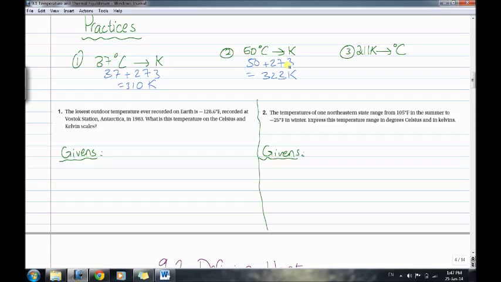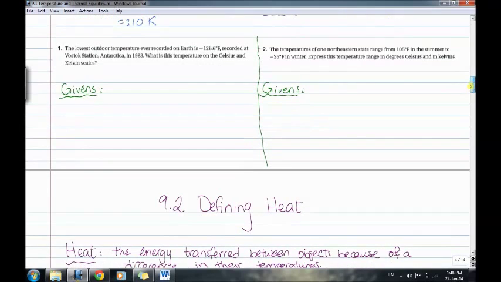Now we have a different one, changing from Kelvin to Celsius, which is 211 Kelvin to Celsius, so we subtract 273, so the answer would be negative 62 degrees Celsius.